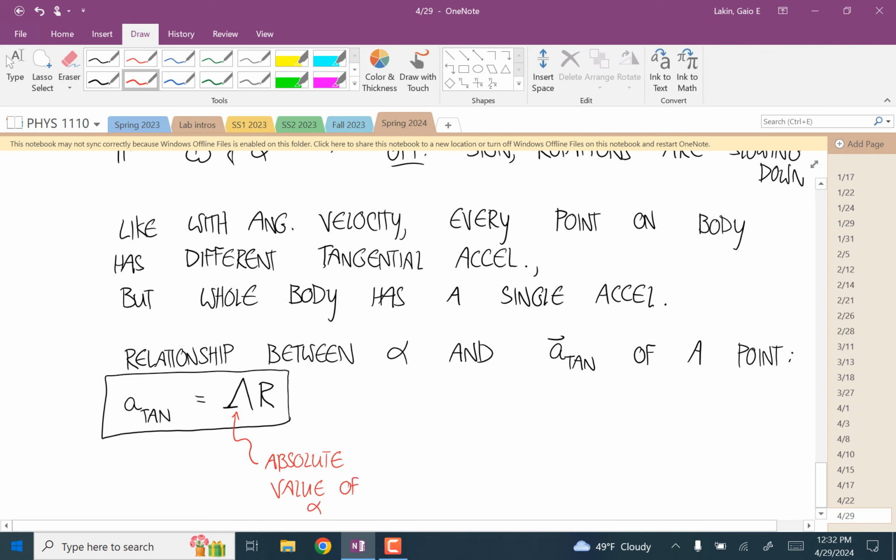And this r means the same thing that it did in angular velocity. This is the distance from the fixed point to the desired point.